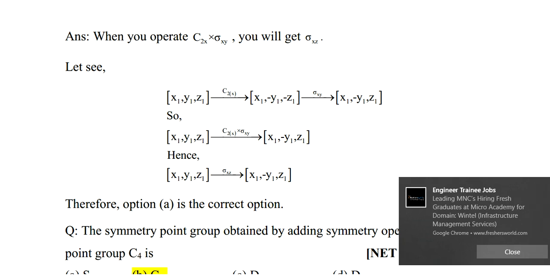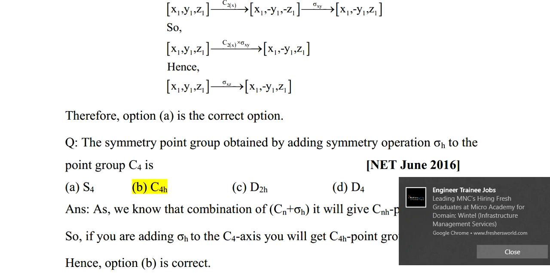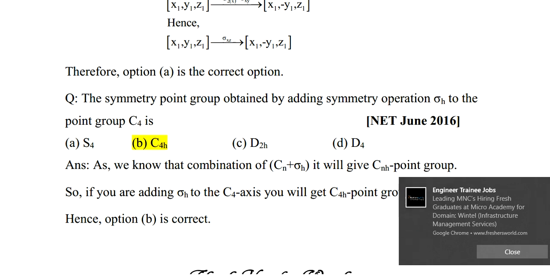Hence x1, y1, z1, by operating the sigma xz plane, will give x1, minus y1 and z1. You can see here C2x into sigma xy gives x1, minus y1, z1, and by operating the sigma xz plane, it will give the same x1, minus y1, z1. Therefore, we can say that C2x into sigma xy equals sigma xz. Therefore, option A is the correct answer, right?